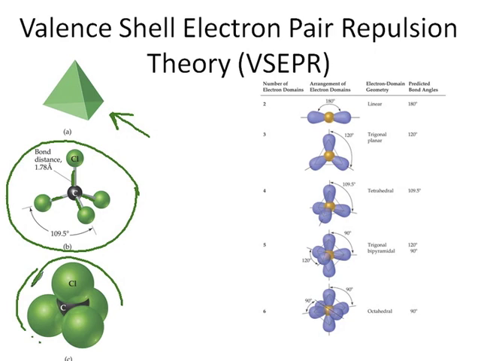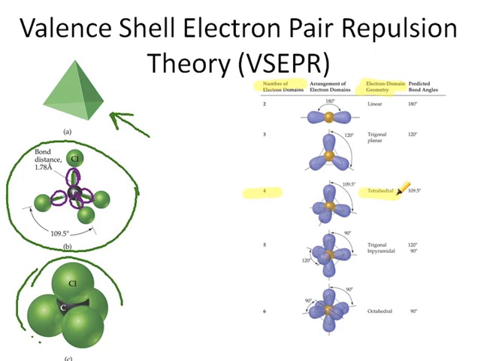Okay? If we count up domains on this, there is 1, 2, 3, 4 domains. Now, take a look at what it says over here. It says number of electron domains. Well, we just said that on this one there were 4. So that means the electron domain geometry of this is called tetrahedral. Okay?